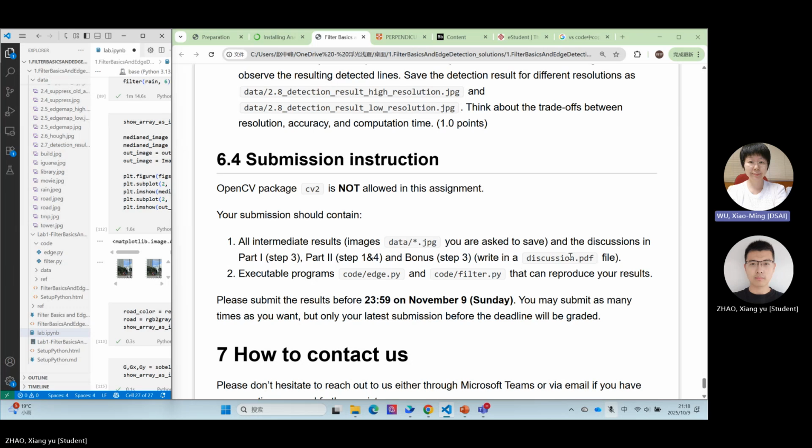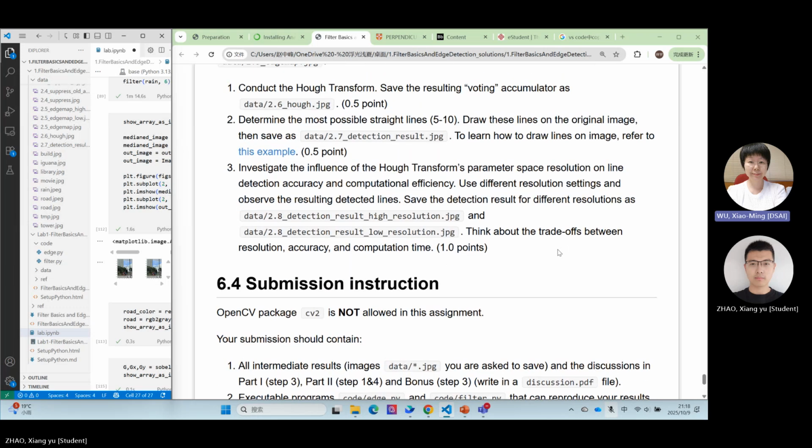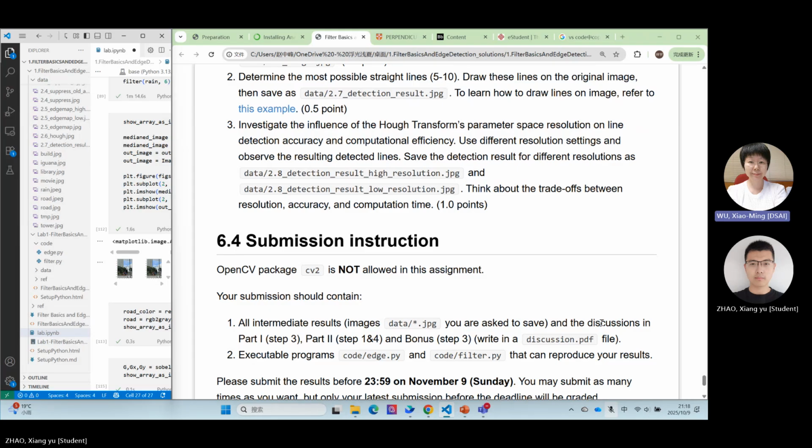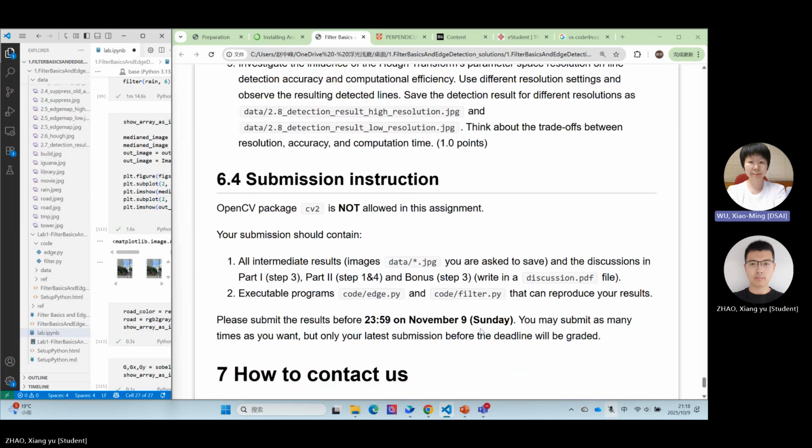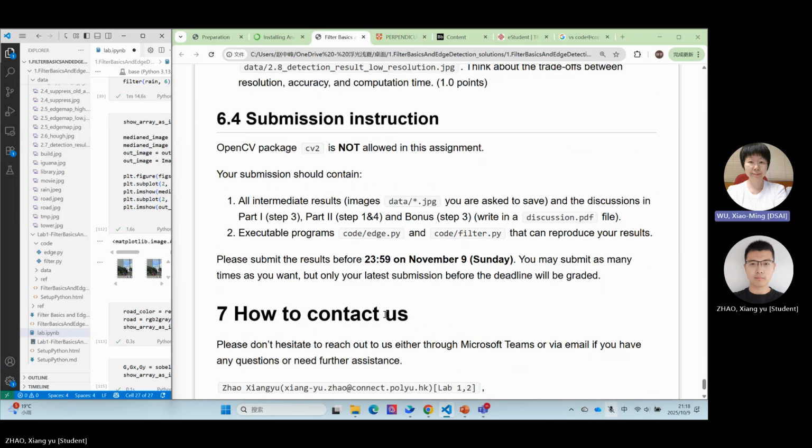Also, the assignment requires some discussions, such as in part 1, step 3, and part 2, steps 1 and 4. You need to write the discussions in the discussion PDF file. Also, finally, you need to provide your executable programs, the Python files, so that we can reproduce your results.